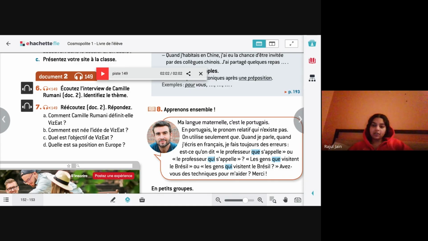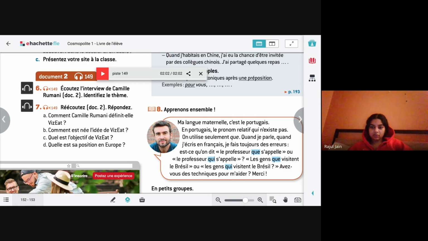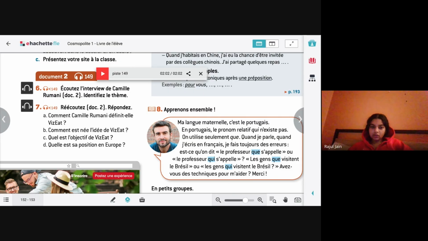Rassembler les gens autour d'une table, just assemble the people, right? Yeah, rassembler les gens autour d'une table pour échanger. So a table full of strangers. There's nothing mentioned about strangers. Rassembler les gens autour d'une table pour échanger. Exchange, I mean échanger.